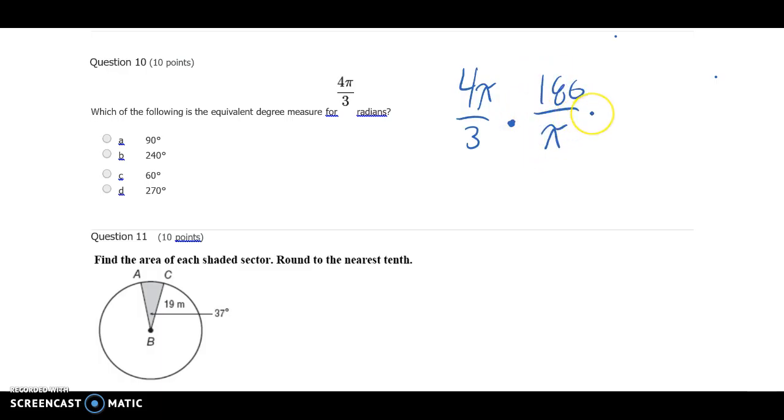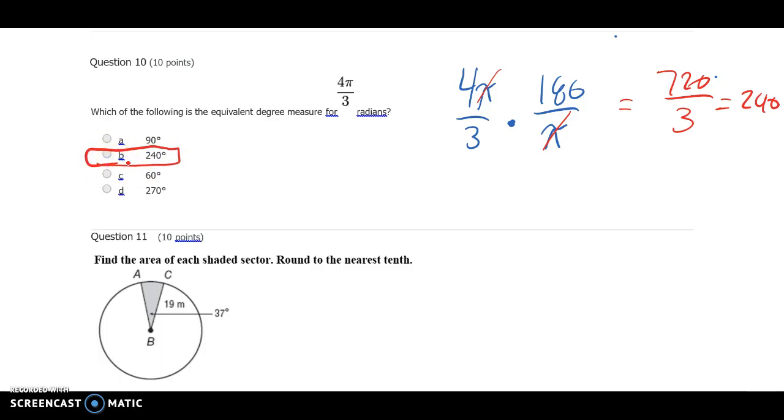I told my class, you always know you're doing good going from radians to degrees if the pi's cancel. And the pi's cancel here. So then we got 4 times 180, that's 720 over 3, which is 240. So answer choice B.